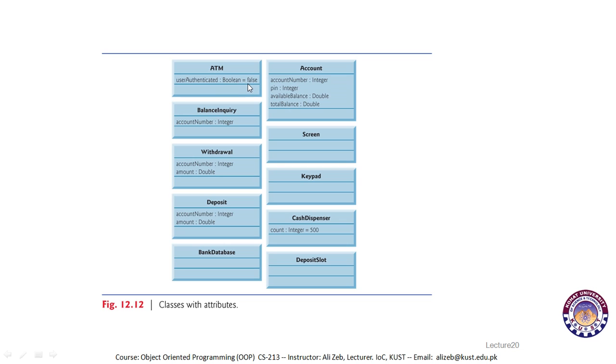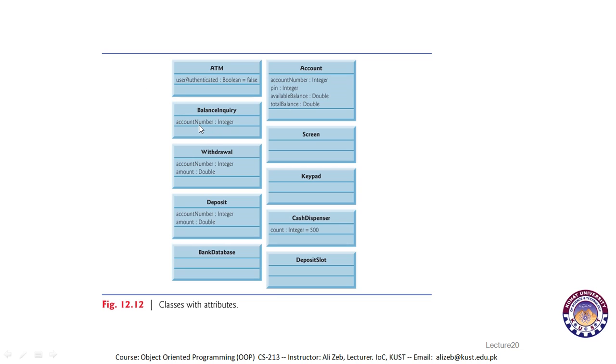So initially any user is not authenticated unless he or she enters the correct details for their account. The account will have an account number. As we can see, we can display the details: the account number is the name of our variable, and this is the data type of our variable, then the PIN code, the available balance, and the total balance.